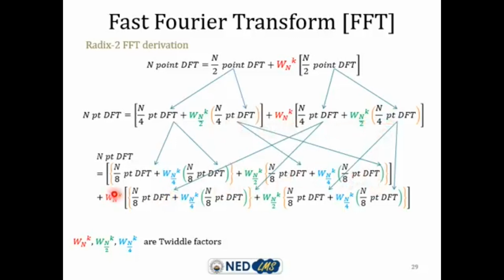So if the value of N is equal to 8, then 8 divided by 8 will be 1. So this is the case where we are calculating 1-point DFTs, and we cannot proceed further. We can perform radix-2 FFT for 8 points in 3 stages.